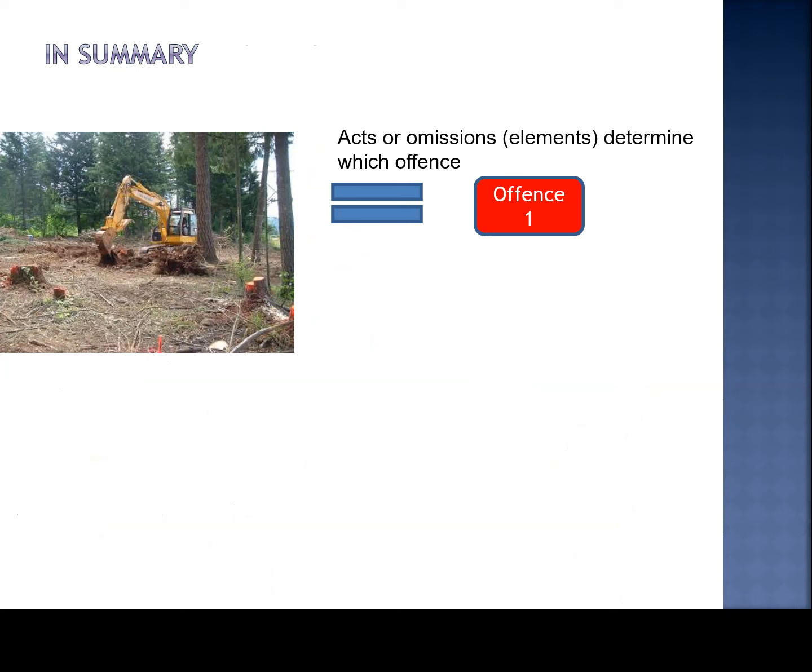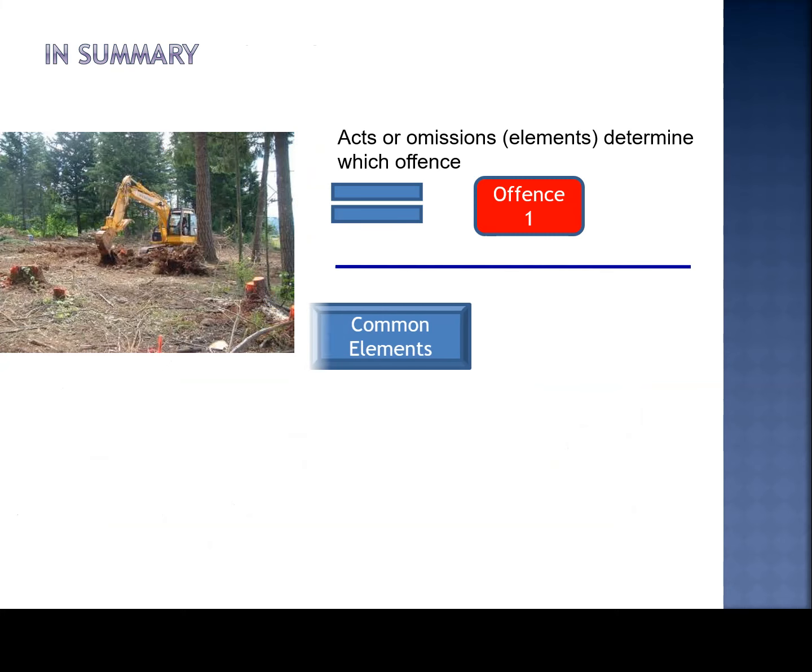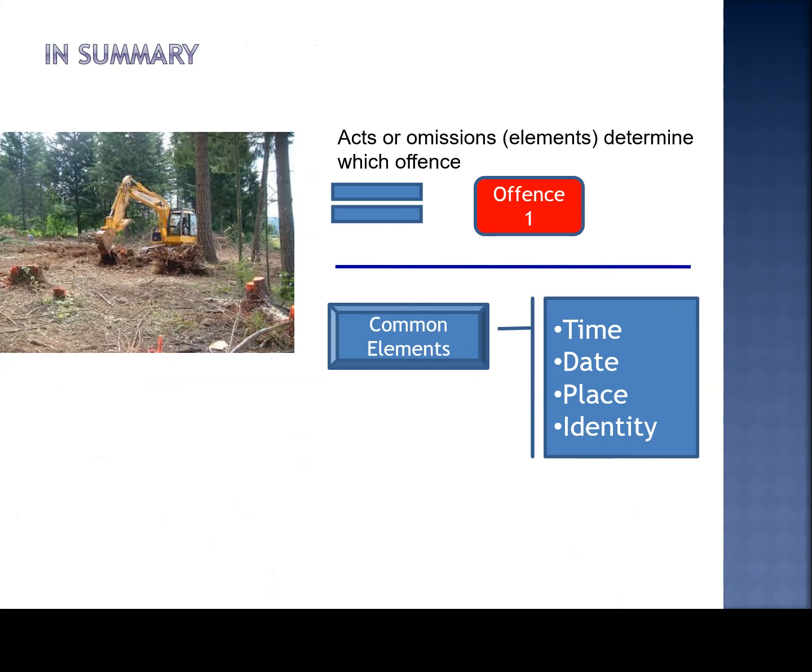So just in summary, acts or omissions determine the offence that we're going to look at. And then breaking that offence down, we need to look at what are the common elements. Time may be a component part, but certainly not an element in terms of a specific element. Date is always the specific element. And the date can be on a particular date, on or about a particular date, or between dates.